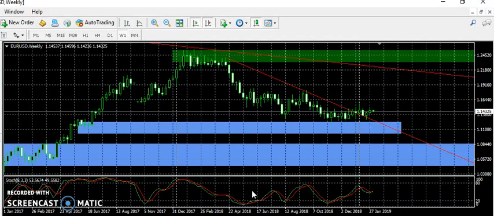So we can see this trend is not even drawn correctly, because the trend was actually broken here, if we are very, very specific. That's exactly where the trend was broken. And when we get into lower time frames, we will see in depth what's really happening here.